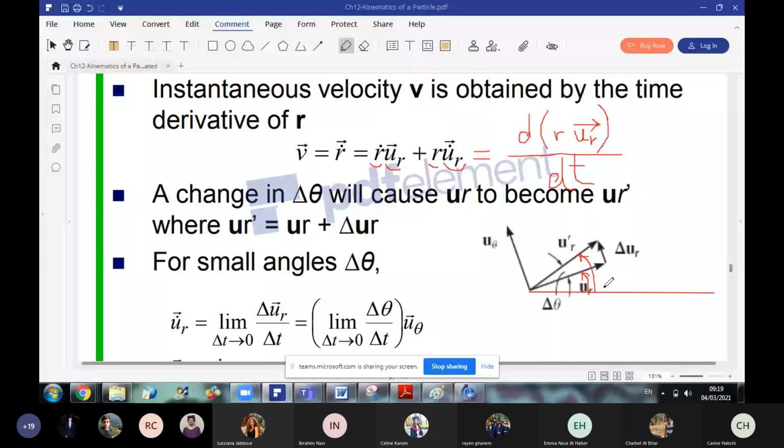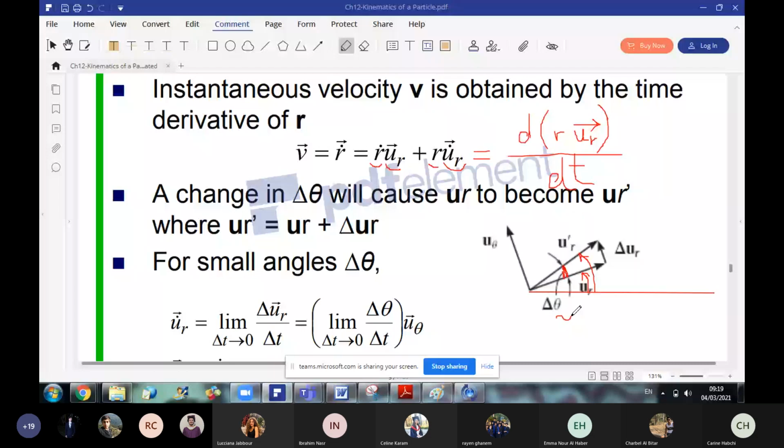Now, back to the same story. We have here an isosceles triangle, because the magnitude of UR is 1 and the magnitude of UR prime is also 1. Since delta theta is a very small angle that tends to 0, I can say that it is equal to d theta.